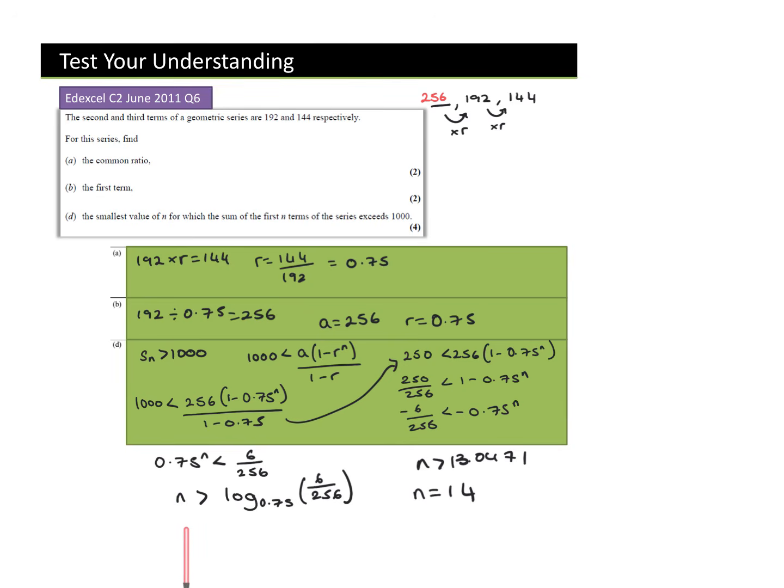If you were to draw the log graph, it crosses the x-axis at 1, and when the base of the log is less than 1, this is when we change the sign. This is a very common mistake that people make, not changing the sign. But again, as I've always said, when in doubt, put the numbers in and figure it out.